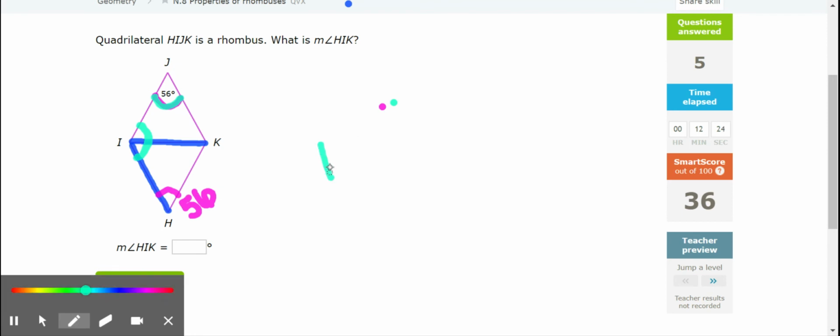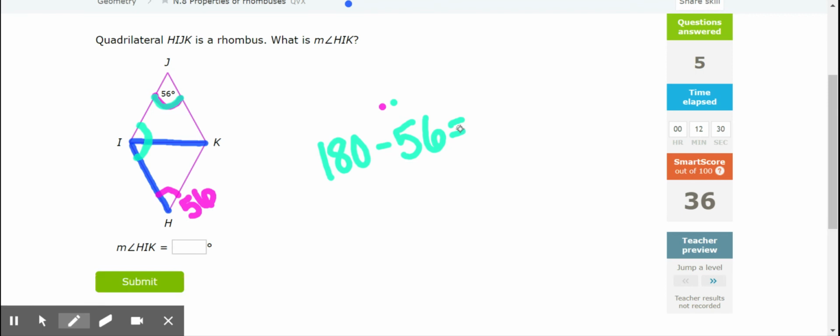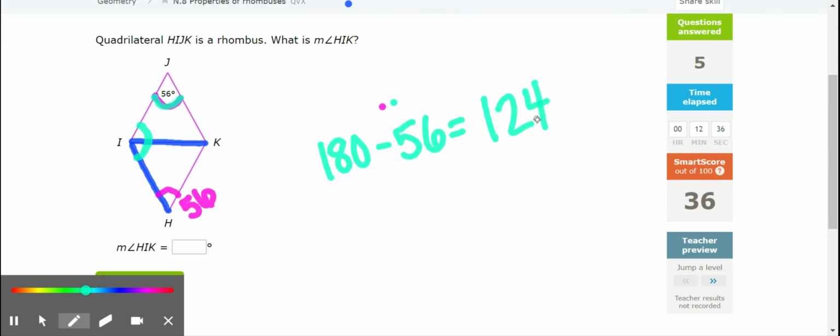So if I do 180 minus 56, I get 124. Okay, so that means that this whole blue part is supposed to equal 124. I don't need that whole thing. I just need this part that I've done in dark blue.